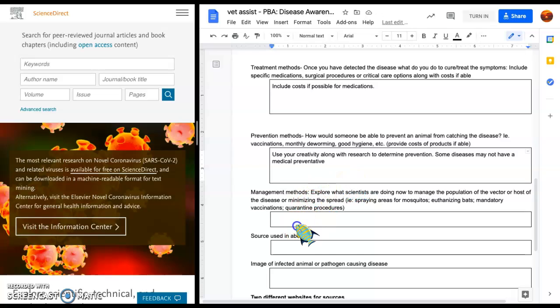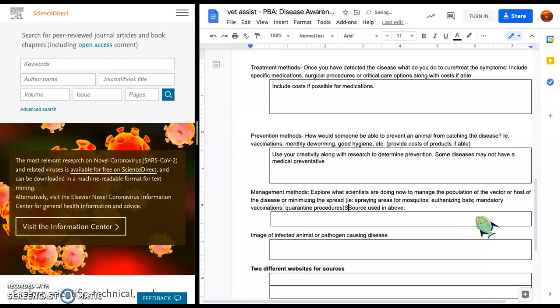Okay, and then here's the management methods. So this is really the synthesized learning, right?